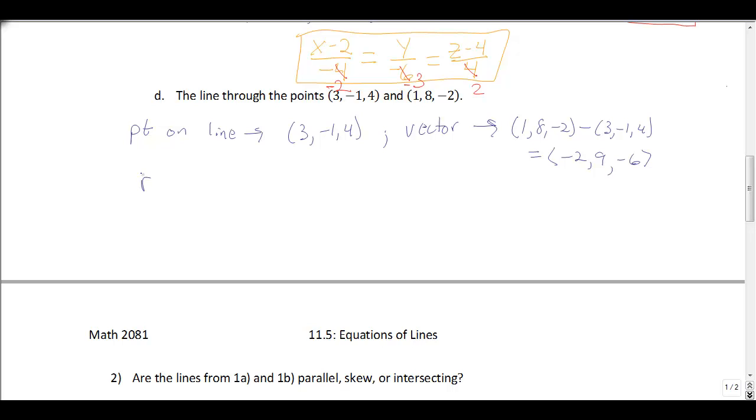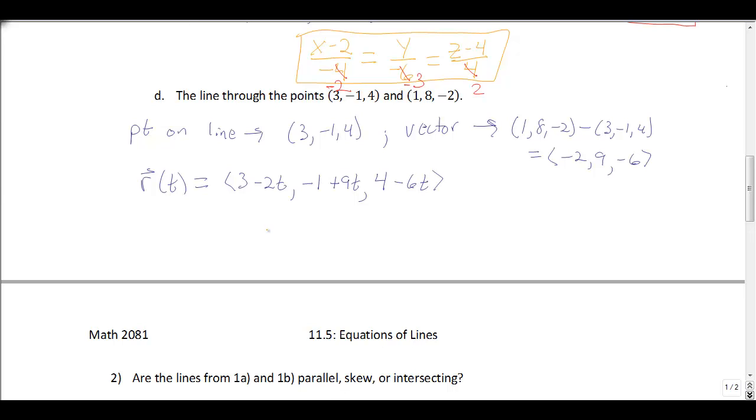And so my parametric equation is going to be x equals 3 minus 2t. So I take the point's x, plus the vector's x component, -2, times t. The y part will be -1 plus 9t. The z part will be 4 plus -6, or minus 6, times t.